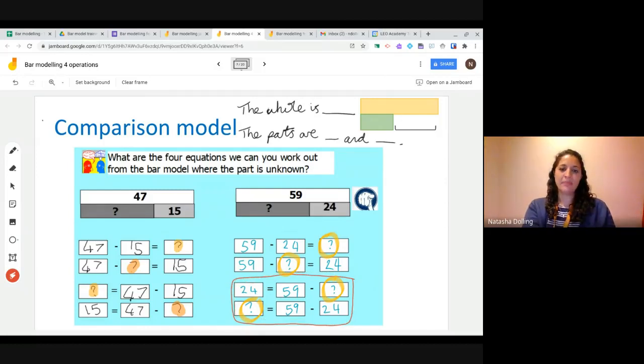But essentially, if they understand that no matter where the equal sign is, subtraction is always a whole take away a part, it doesn't matter if the question mark is here or here, it's just going to be the other part. But children will only get that through exposure, and through this type of activity where they're constructing these equations and then looking at them without calculation or being bogged down by, for example, column subtraction.